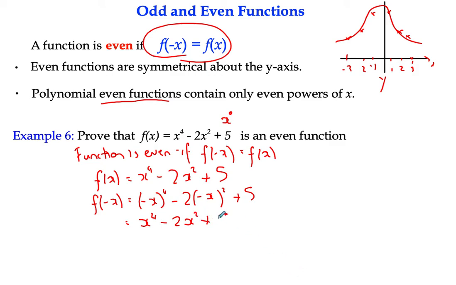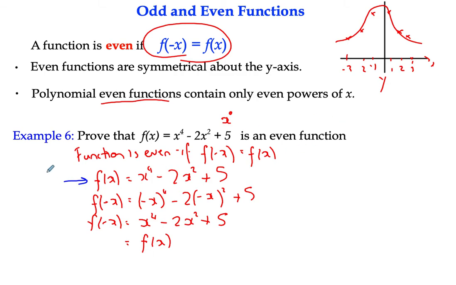Plus 5, and you'll notice that what we end up with, f of -x, is x to the 4 minus 2x squared plus 5, which is exactly what we have up here. So what we've done is we've shown that f of -x is the same as f of x.